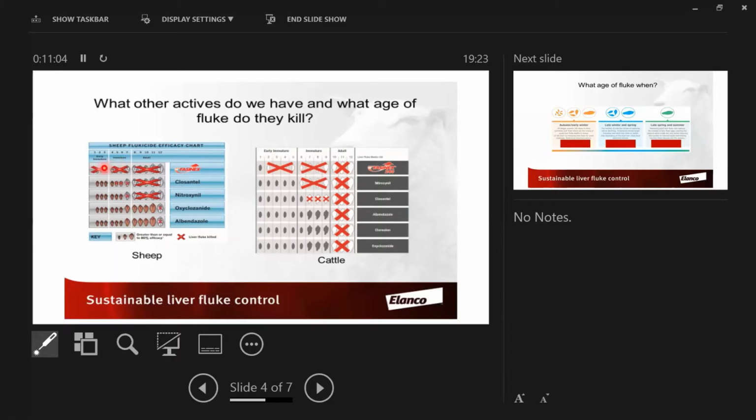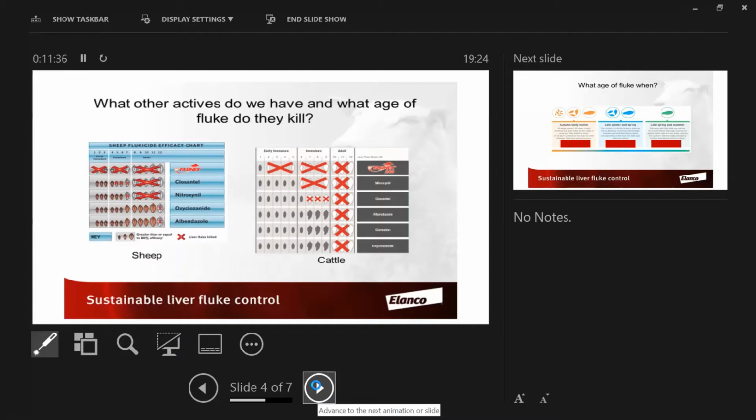And then of course we've got nitroxynil, which is your Trodax again, and we've got Closamectin, and lots of different other ones that will kill adult only. It's really important that we understand that there's 3 different stages of liver fluke in the animal, and there are lots of different products, and those different products will kill different stages in those animals.